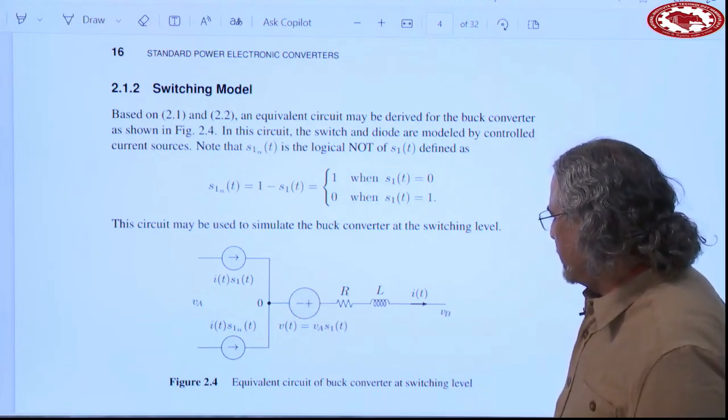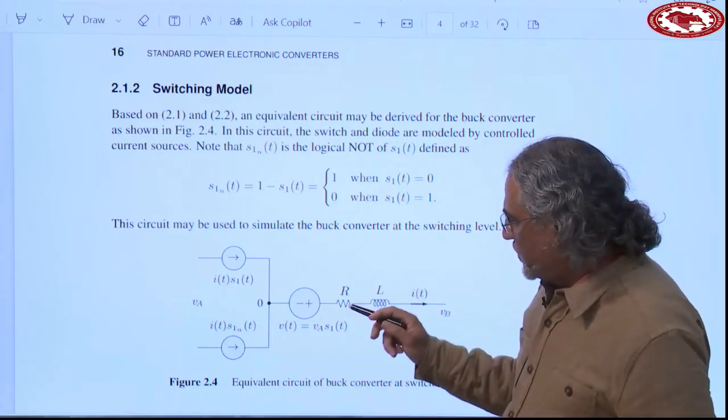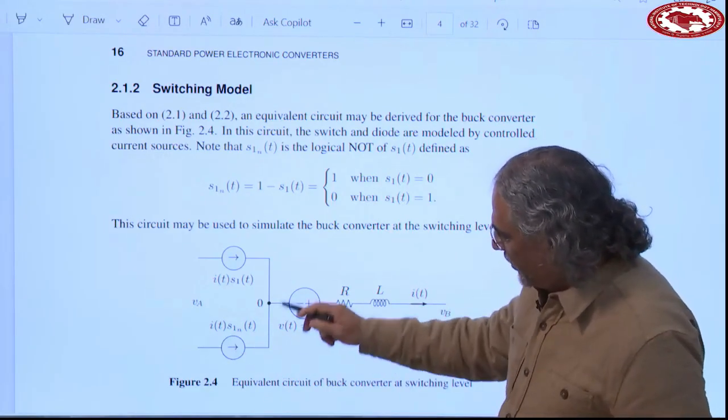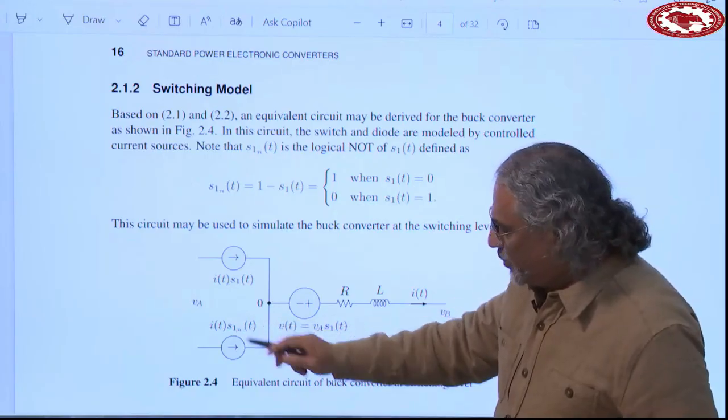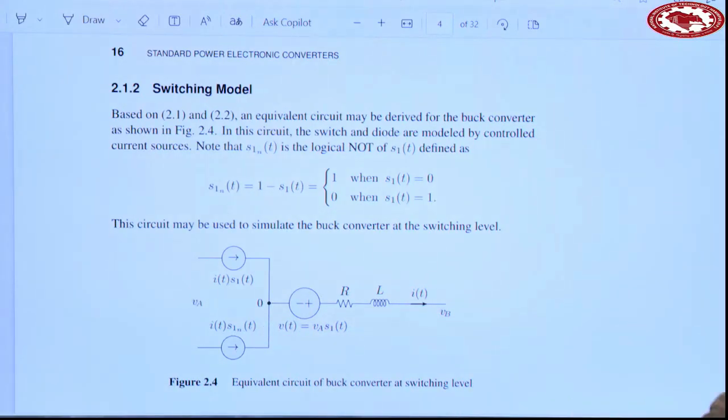When the switch is off, the current flows into the diode. The same current I flows into the diode, and the diode is S1N. So when the switch is off, the diode is on, and vice versa. This switch and this diode are always opposite of each other.